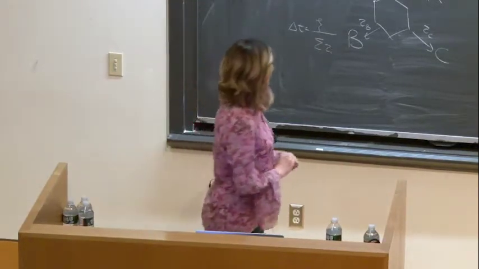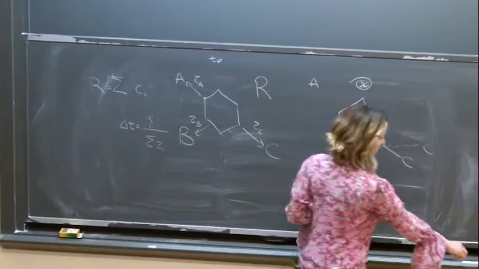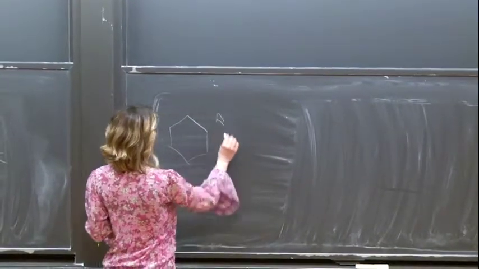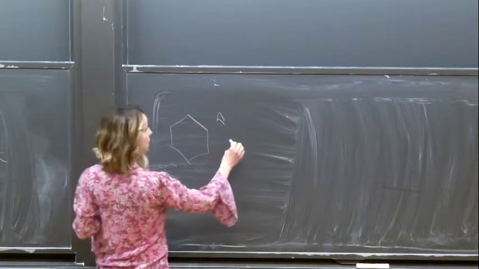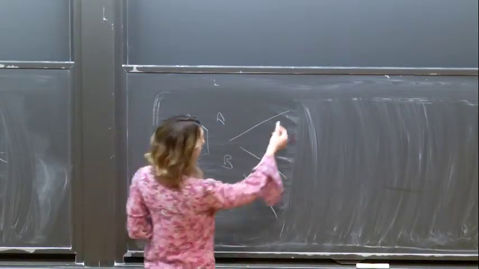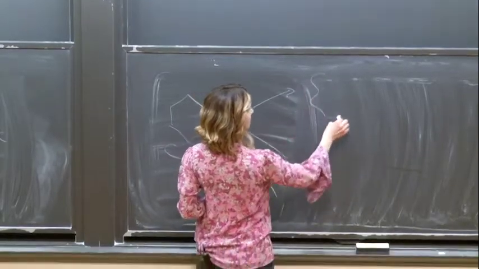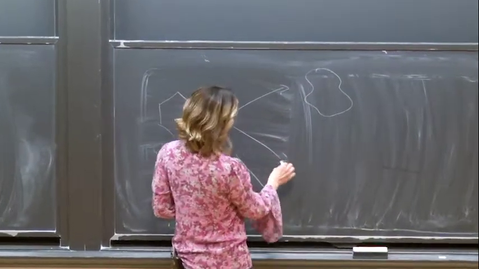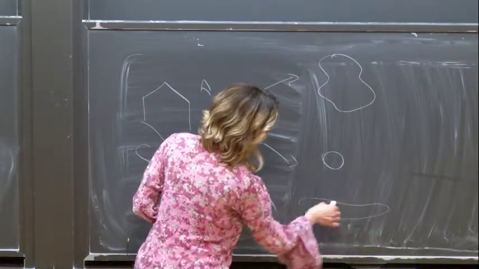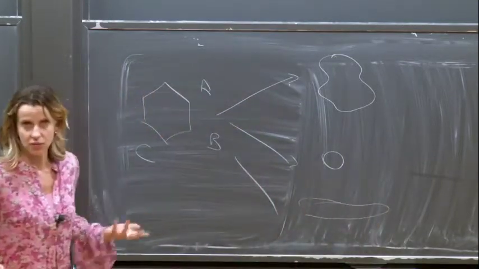If you think about that, from my benzene here, just in the position of A, B, C, as I was mentioning, you can go a different way every time you run the cycle. So this one can lead you to something that is very weird as a nanoparticle. This one can lead you to something that is spherical. And this maybe leads you to something that has a shape like this. You don't know.